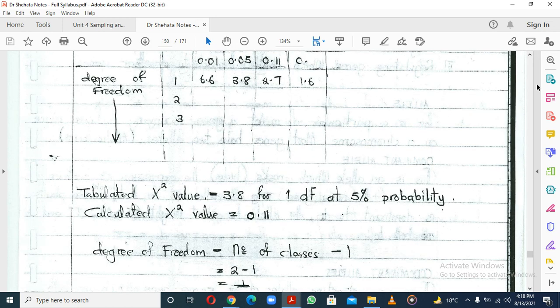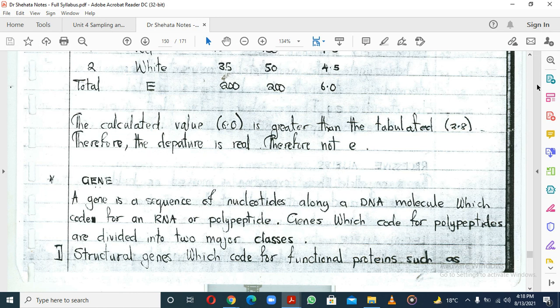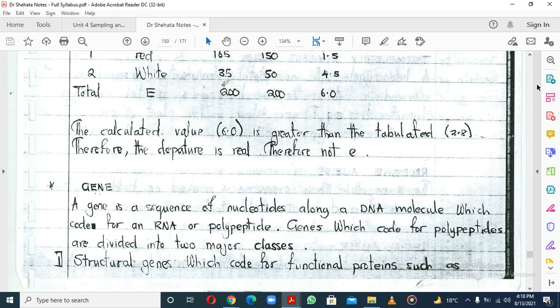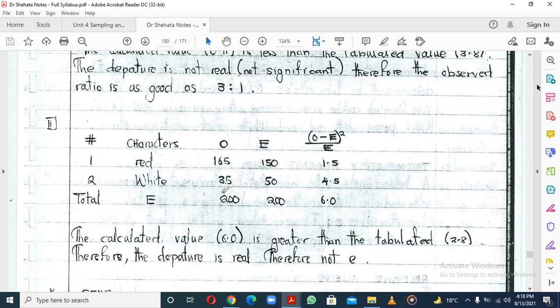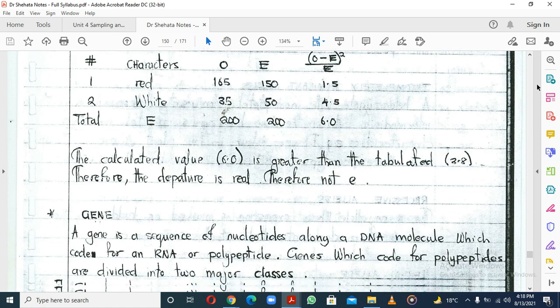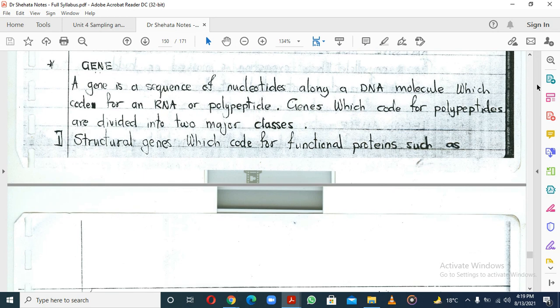Yes, it is greater. Since the calculated value 6.0 is greater than the tabulated value 3.8, the departure is real. Therefore the observed ratio is not as good as 3 to 1. That's basically what the chi-squared test does for us.